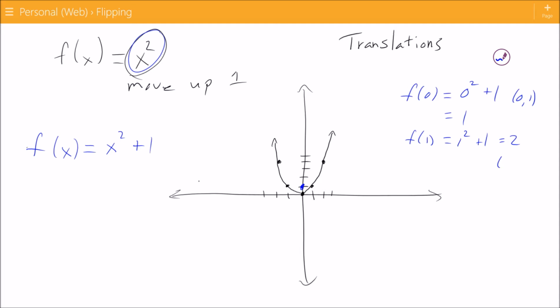New coordinate 1, 2. f of 2 is going to be 2 squared plus 1, 4 plus 1 gives me 5. My new coordinate would be 2, 5. Right there.